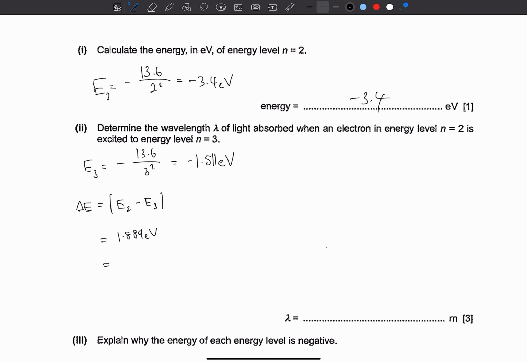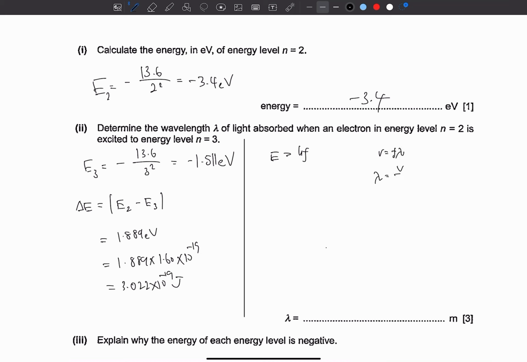And then in order to convert it into actual joules, you simply have to multiply by the elementary charge, which then gives us 3.022 times 10 to the power minus 19 joules. Alright, and as we know, E equals hf, v equals f lambda, lambda equals v over f.